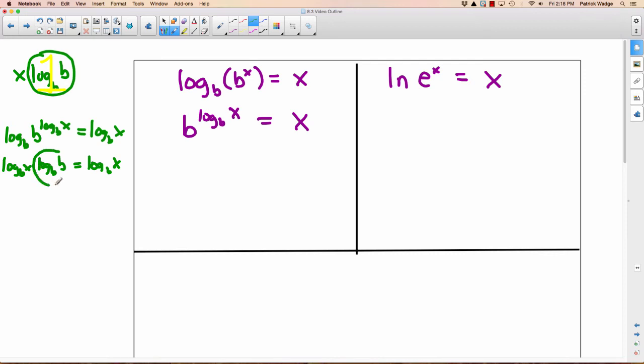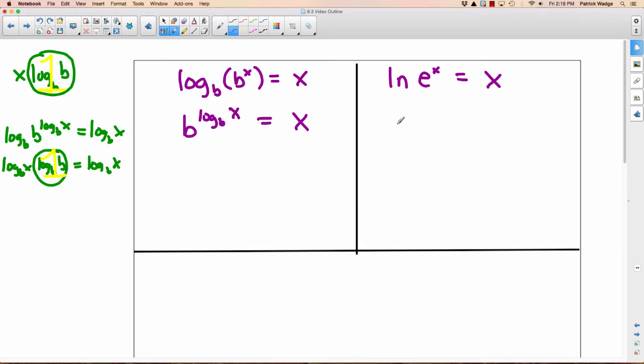Now this bit right here is exactly the same as what we did up there. b to the what equals b? b to the 1. So this right here equals 1. And what we're left with is that the base b logarithm of x equals the base b logarithm of x. It's totally true, so what we started with must be true, we've proven it to be true.